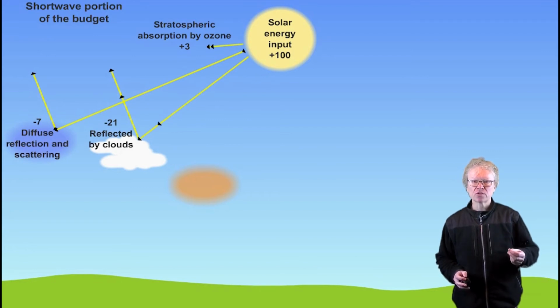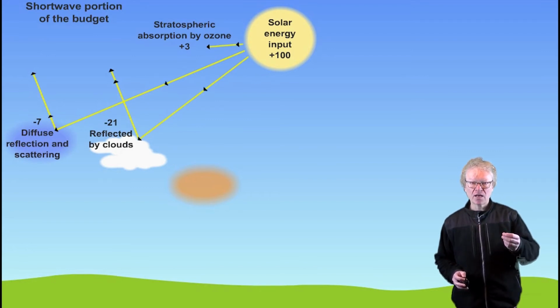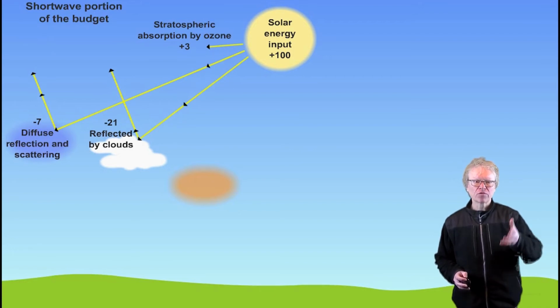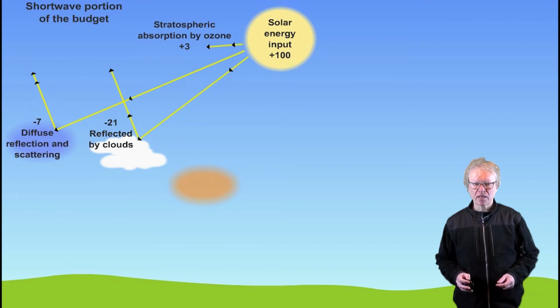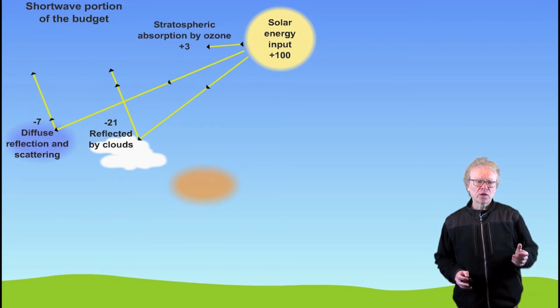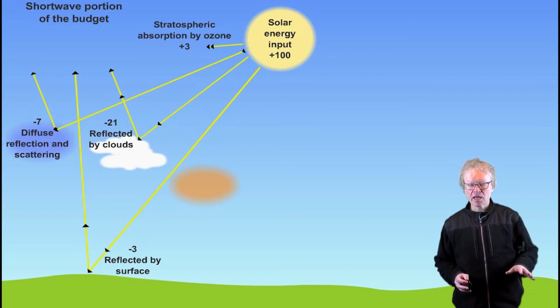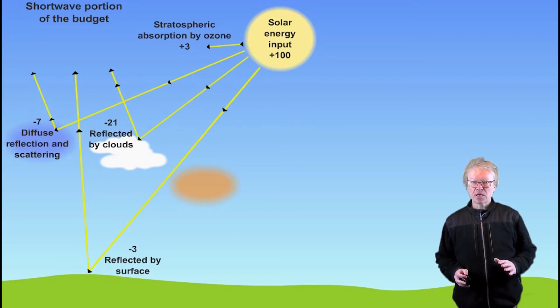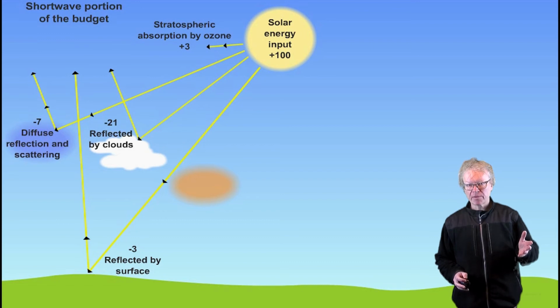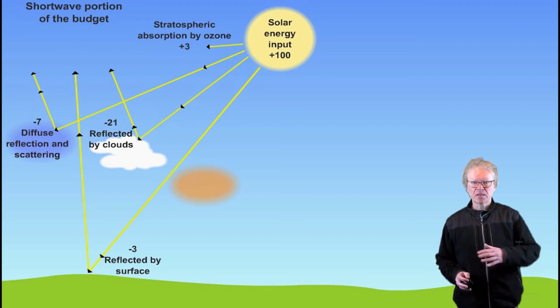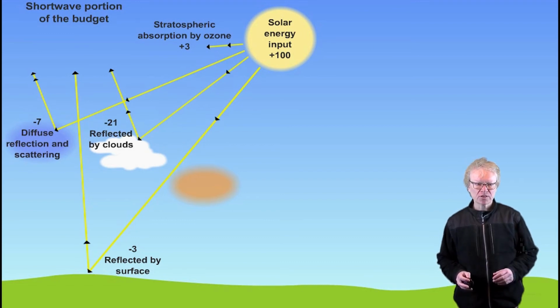So the water molecules of clouds, and they're white, so we know that the albedo is going to be quite high, reflects out 21% of that incoming solar radiation. We can also look at reflection from the Earth's surface, so the albedo of the Earth's surface, particularly in snow-covered ice caps. So the Earth's surface itself also reflects some of that incoming solar radiation. That's the albedo of the Earth's surface.